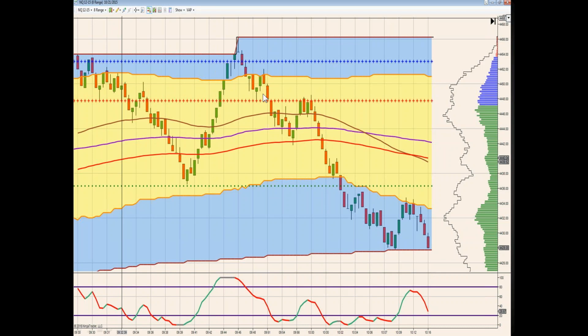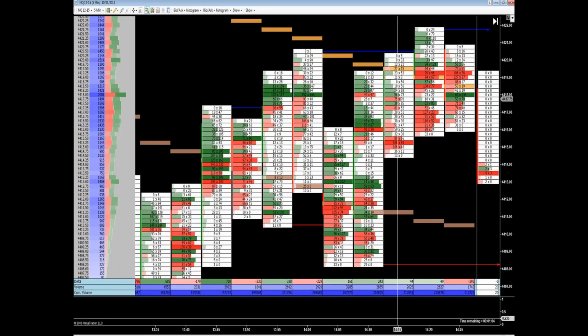So it can be a little confusing. And I'm going to show you something that's really helped me make a difference in pulling the trigger in those areas. And ideally, if I'm getting one of my own setups in those areas, double confirmation, and I'm okay with that. So this is what the order flow looks like, and this is how I'm displaying it.